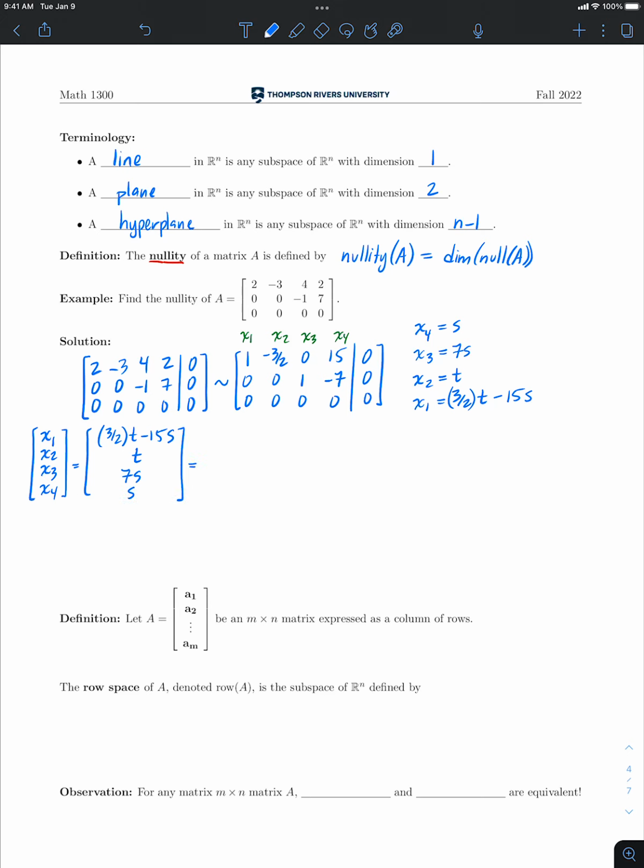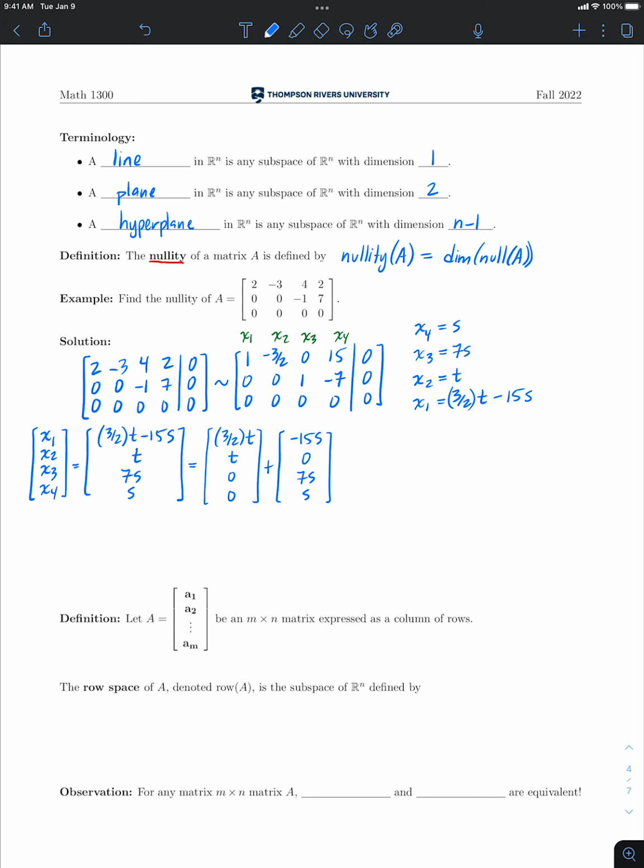So we're going to split this up in the usual way. So we'll have 3/2 t, t, 0, 0, plus what? Negative 15s, 0, 7s, s.